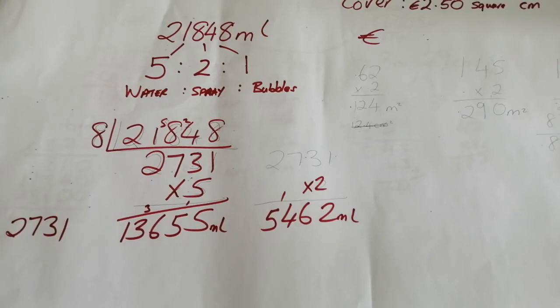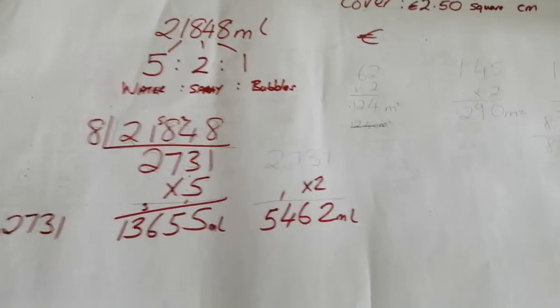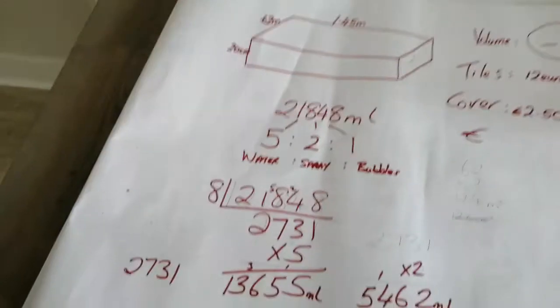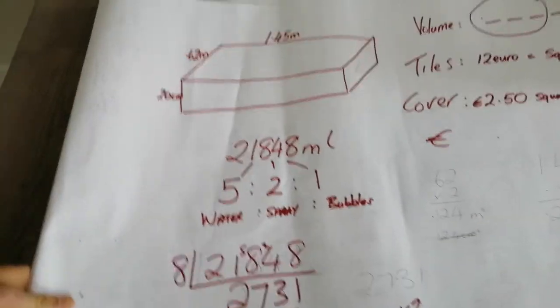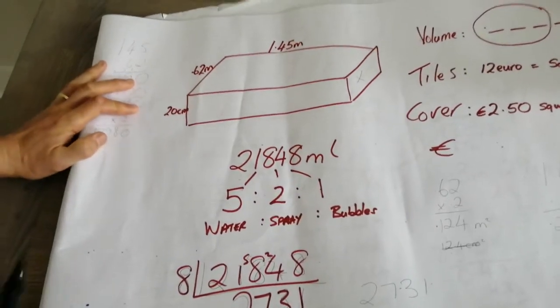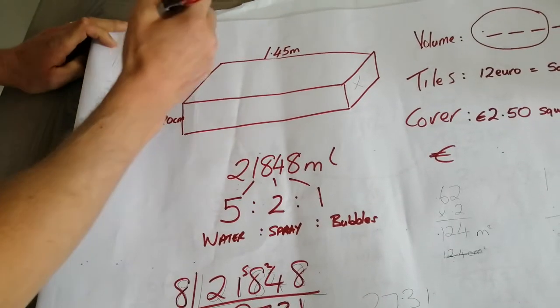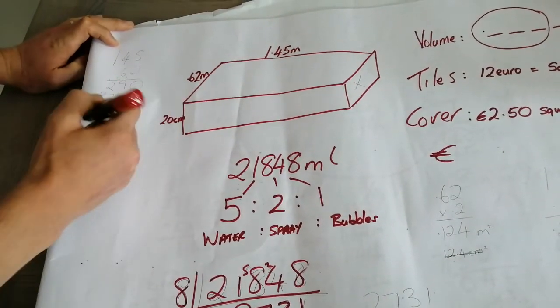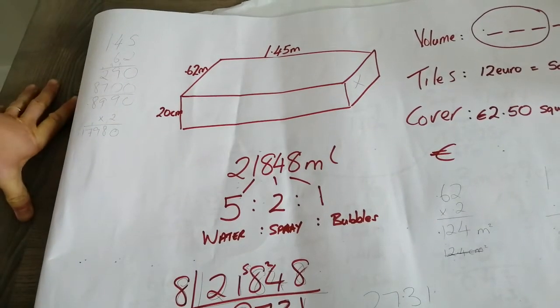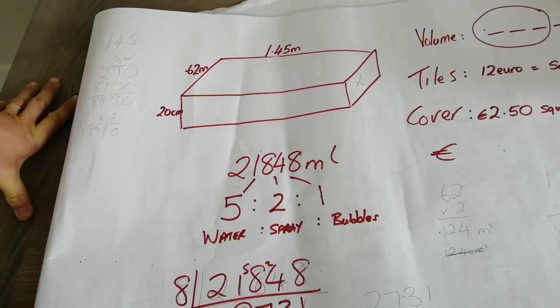So, step 1 was to find the volume, okay, and I did it all the way over here in the top left. So that's length by width by depth, and your answer is going to be in meters cubed. And if you remember back in the class, we did a cubic meter. It's actually quite big.